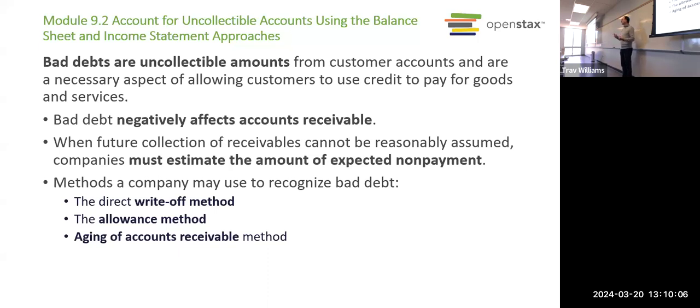But if you subtract from that the bad debt, the difference is your net account receivable. So the more bad debt you think you're going to have, the less your net accounts receivable is going to be. Right? Because what you're saying is that bad debt, that's money we don't think we're going to get. So it reduces your net accounts receivable.